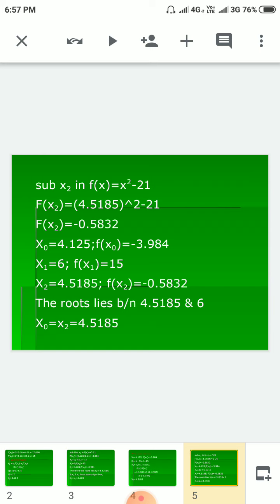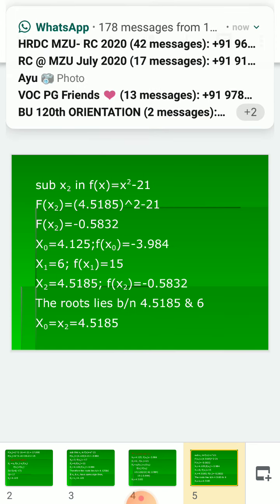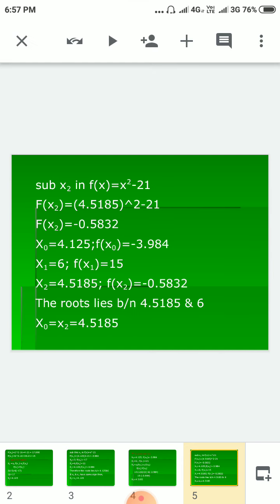Next, again substitute the x2 value in the equation f of x is equal to x squared minus 21, and after substituting we get f of x2 is equal to minus 0.5832, right? Once again substitute all these values, that is x naught is equal to 4.125, x1 is equal to 6 and x2 is equal to 4.5185, and write the corresponding f of x1, f of x naught and f of x2 aside.